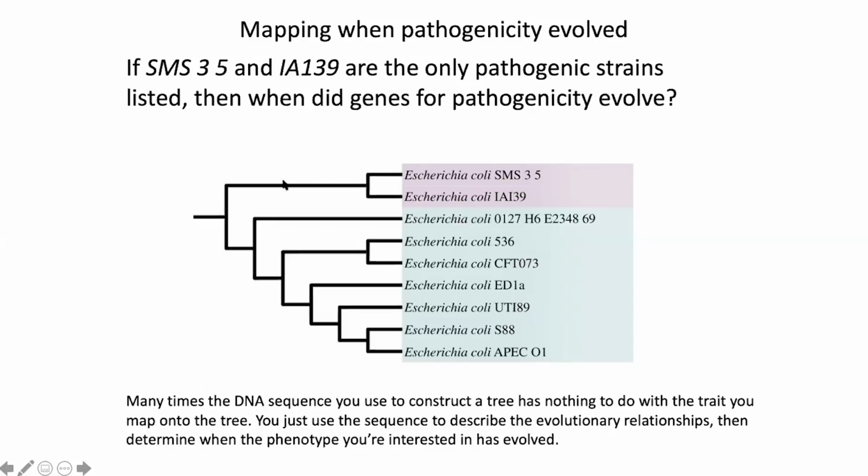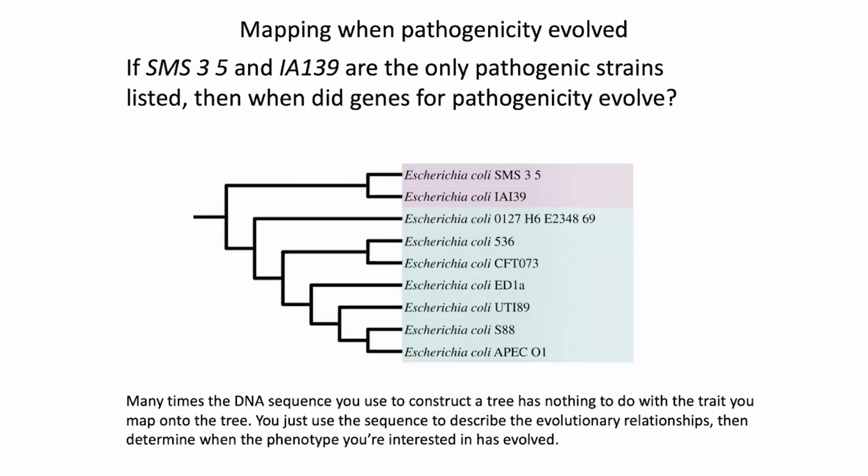And so oftentimes I will ask a question like, oh, when did antibiotic resistance evolve? Or when did a virus shift between different host species? And I will give students sequences. These sequences are not of the actual genes that cause the host shift or cause the antibiotic resistance.